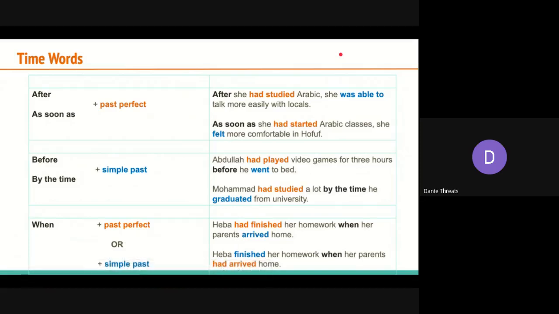All right, these are the typical time words that you could use plus the past perfect. There's after and as soon as. After she had studied Arabic, she was able to talk more easily with the locals.